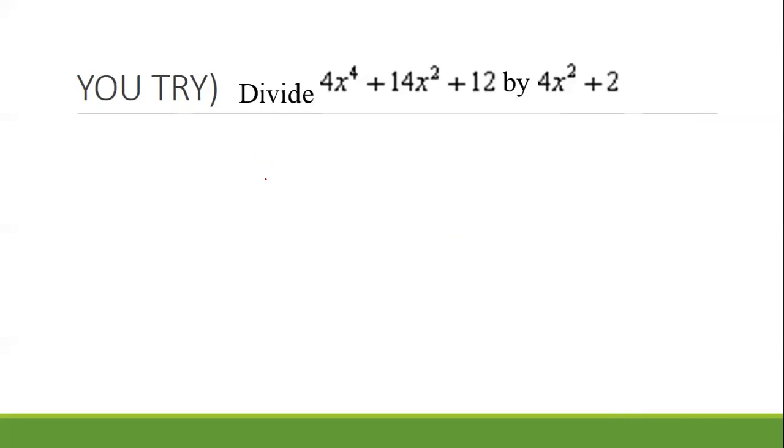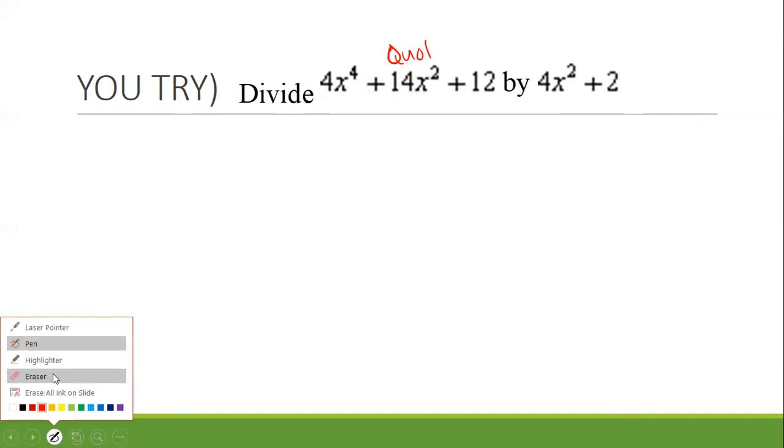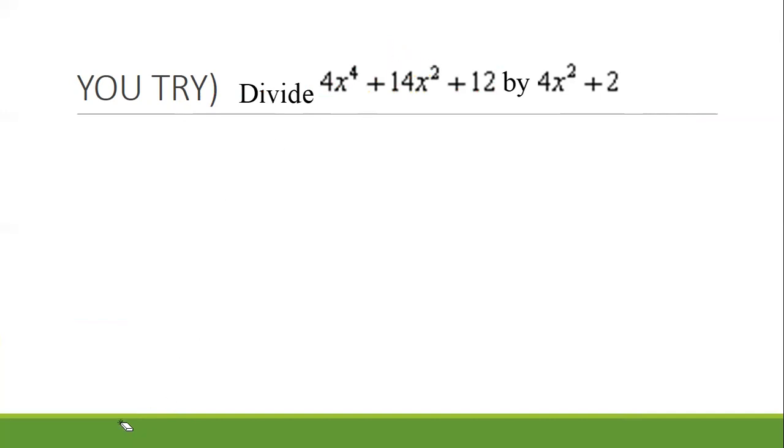All right, so you try. So you have 4x to the 4th plus 14x squared plus 12. So here's your dividend. I keep saying quotient, I have no clue why this morning. Here's your divisor.